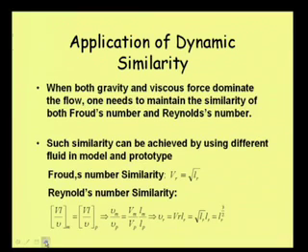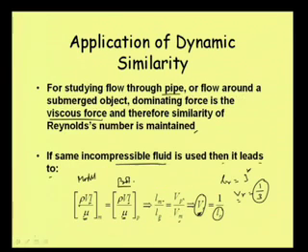Let us see, we have discussed that if we want to maintain the similarity of Reynolds number, V_r will be 1 by L_r. This is still simple.